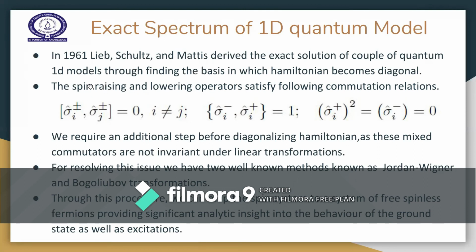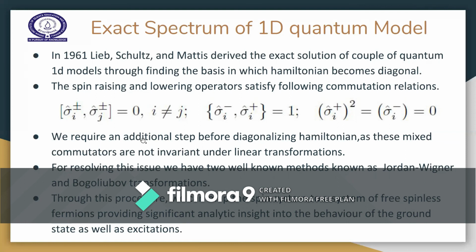As we know, in the quantum model, the spin raising and lowering operators satisfy these commutation relations. Before diagonalizing the Hamiltonian, we require an additional step, because these commutators are not invariant under linear transformations. So we cannot go into a basis simply by performing some linear transformation. We have to do some additional things beforehand.